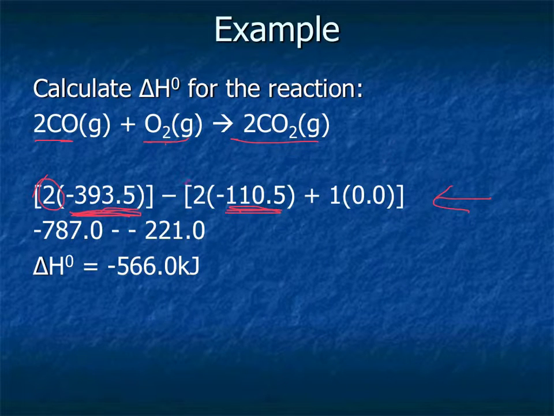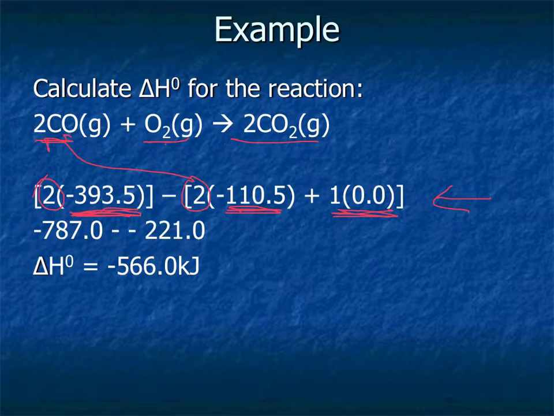And since I have, again, 2 moles of it, I need to multiply that value by 2, because it's energy units per mole. I have 2 moles in this equation. And then the last one here is oxygen, and oxygen is an element in its standard state, and therefore its heat of formation is 0.